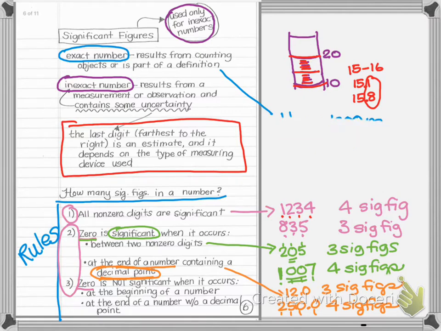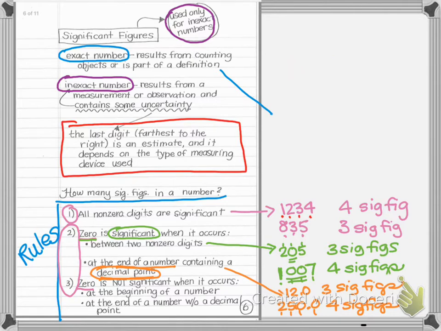Now I want to erase this up here because I'm going to make my other rule examples up here. So now this rule here, this also has to do with 0, but it says when it's not significant. So we're not going to count it. And so the first one says at the beginning of a number.